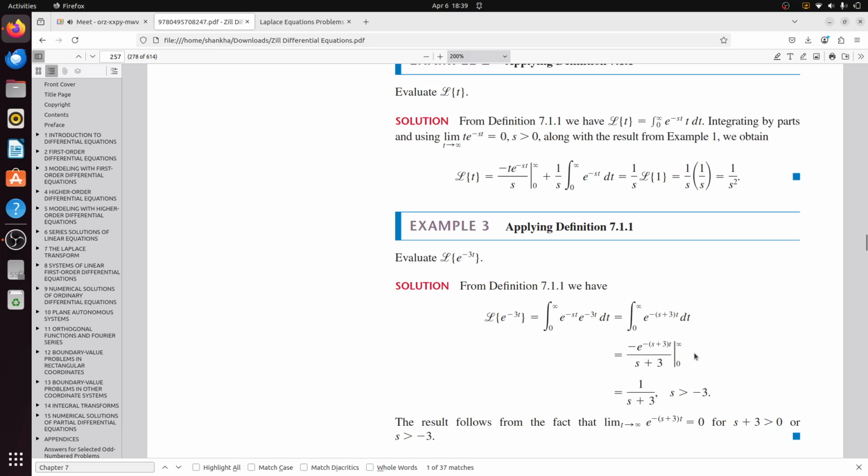So if you have 1, that is 1 by s plus 3, for e to the power minus 3t. Suppose you have a function ft, and for that ft you have Laplace transformation capital Fs. Now if you want to calculate the Laplace transformation of e to the power minus mt into ft, then the final answer will be F of s plus m.